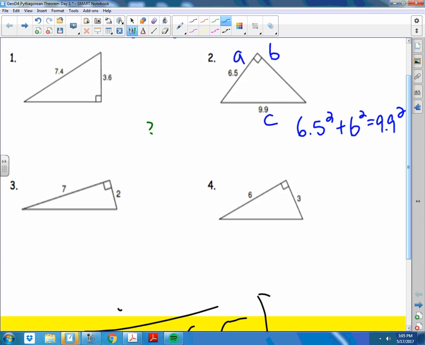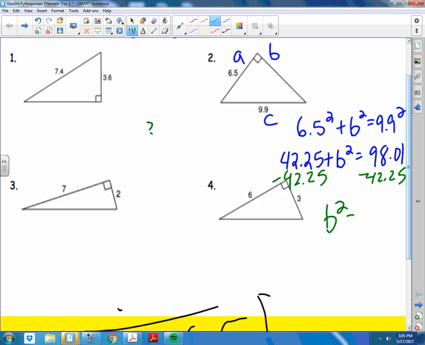Again, we go through that process: 6.5 squared is 42.25, plus B squared equals 98.01. We subtract 42.25, and we end up with B squared equals 55.76 and we end up with 6.476.